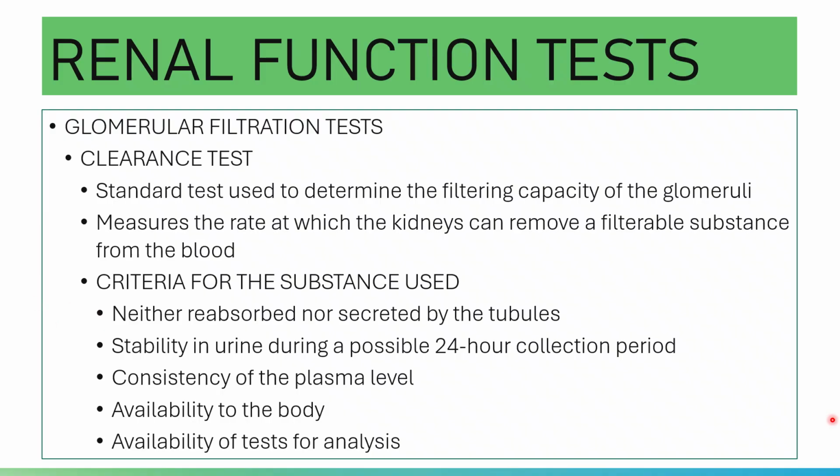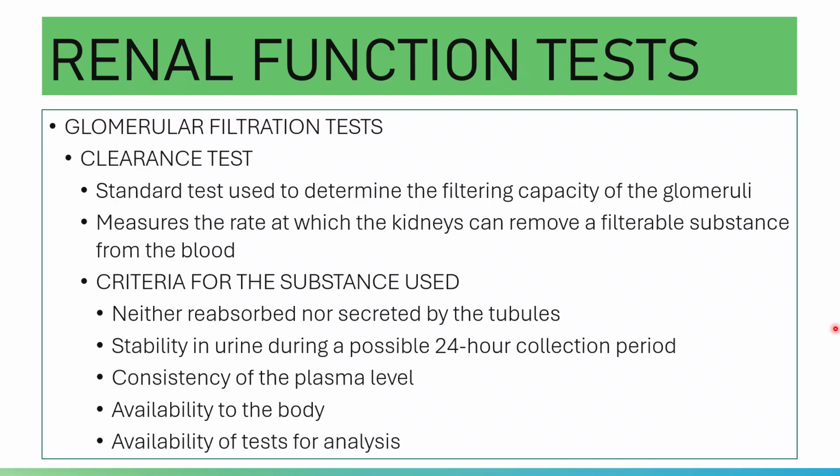Okay, and then of course you have the criteria. Another criterion is the stability of a substance in urine during a possible 24-hour collection period, because there are substances that are not stable or that are destroyed in urine.